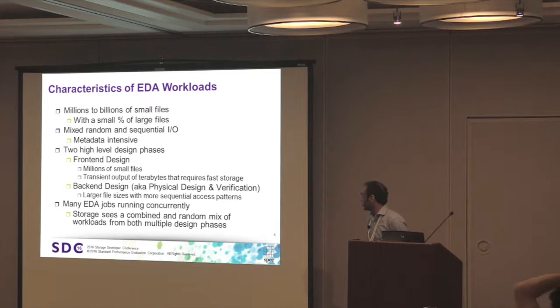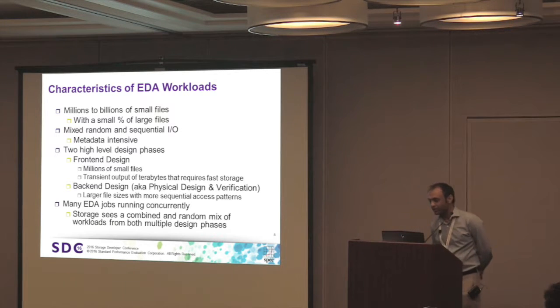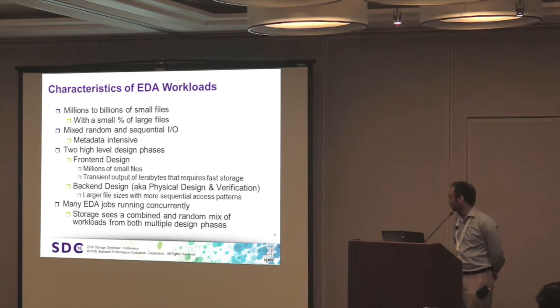And so there is a small percentage of large files. The characteristics of the I/O are mixed, random, and sequential, right? As you go through various design phases, you have both sequential I/O for the larger files and random I/O for the overall smaller files.